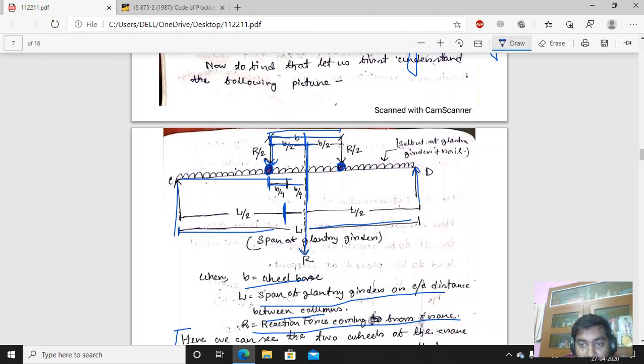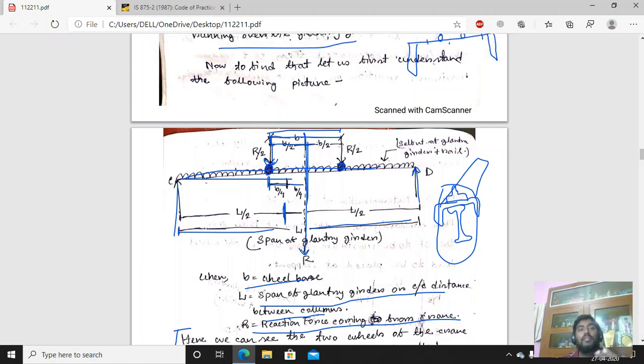If this is the gantry girder, over that our rail is placed. So for that member an equally distributed load will be there. This UDL is due to the self weight of the girder plus the rail that is placed there.